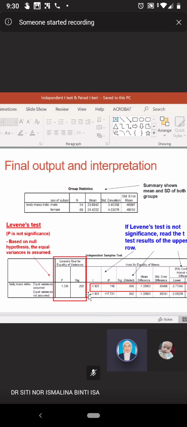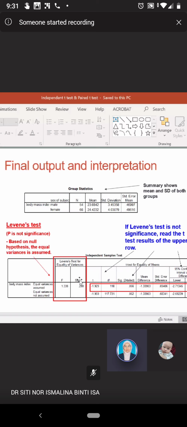Then kita kena ambil result t-test yang dekat row bawah ni, equal variance not assumed. Kita kena ambil the p-value dekat sini. Itu kalau variance are not equal, the homogeneity of variance is not met.